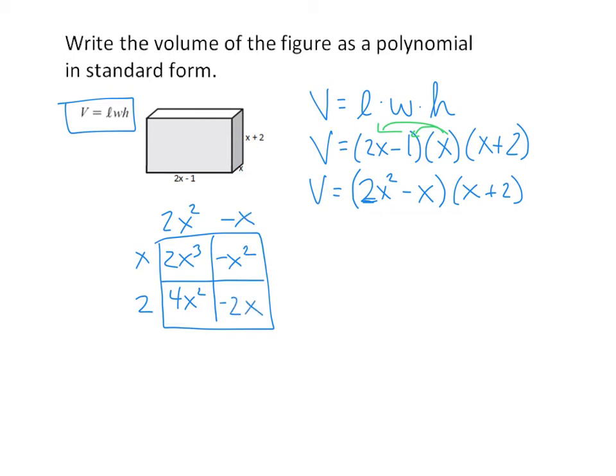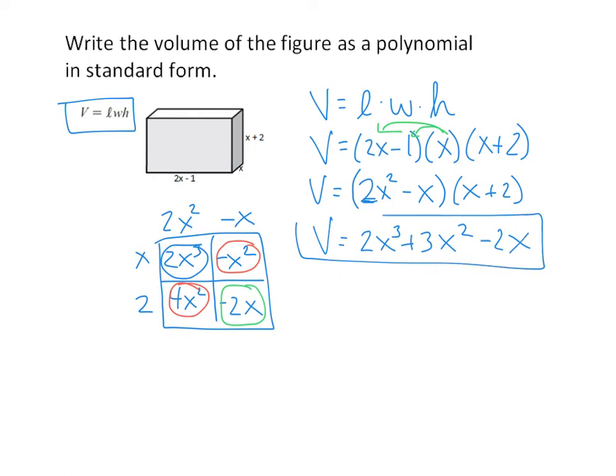And again, had you used FOIL, we'd have the same answer. So we have 2x to the third, and then we have negative x squared and 4x squared, which gives me plus 3x squared. And then we have minus 2x. And that is our volume in standard form.